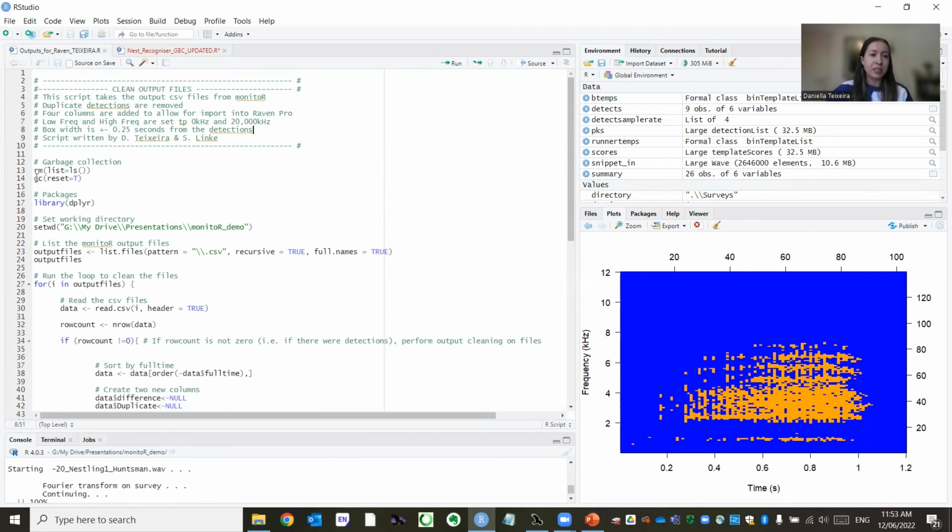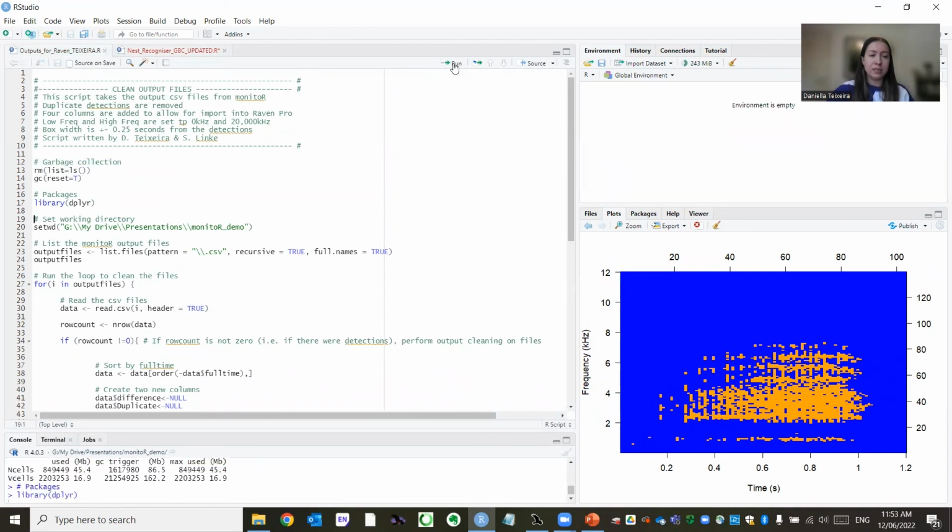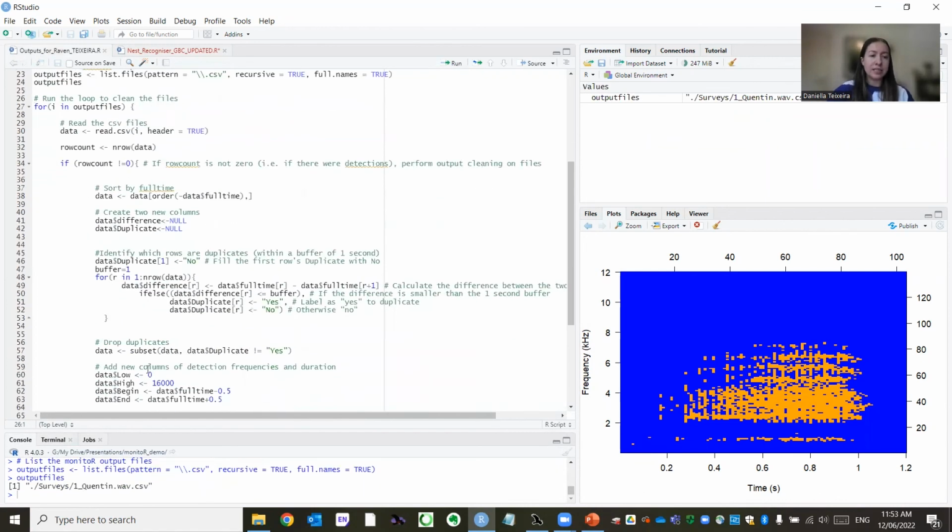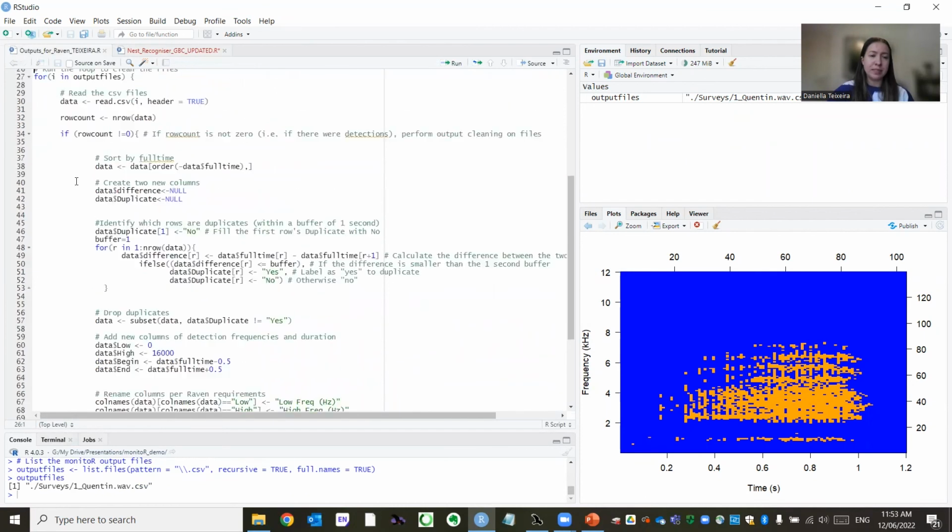So I'll just run this script, which will give me outputs in the form that Raven needs. So I'll just run all of this. I'll read in the output files, which in this case is just a single CSV file, but this would loop through all of them if you had them all in a single file. And then this loop here basically just cleans that CSV file.